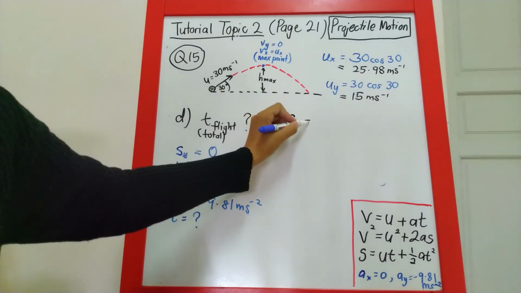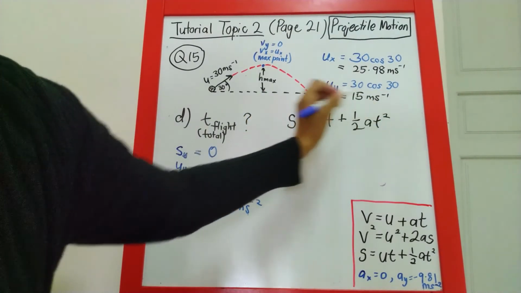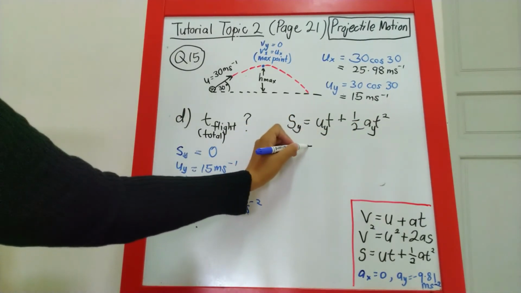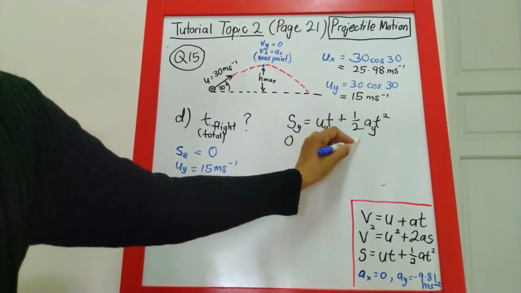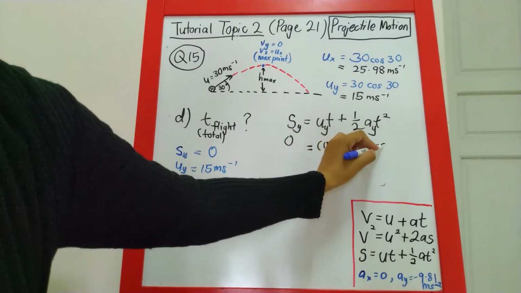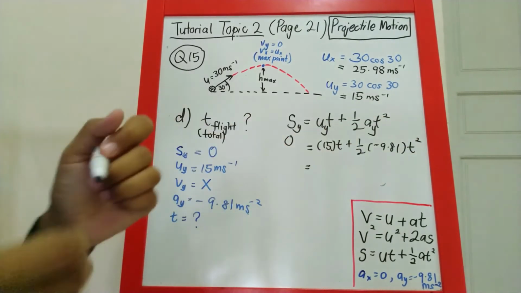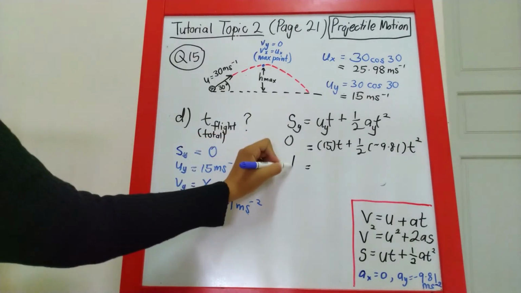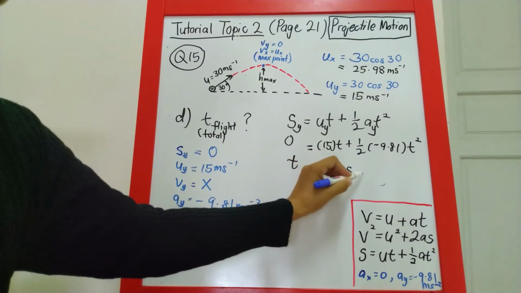S equals ut plus half at squared. Make sure you label everything. 0 equals 15 t plus half times negative 9.81 times t squared. Press your calculator and you will get time equals 3.06 seconds.